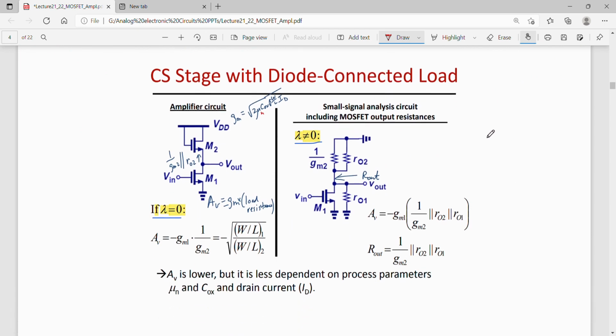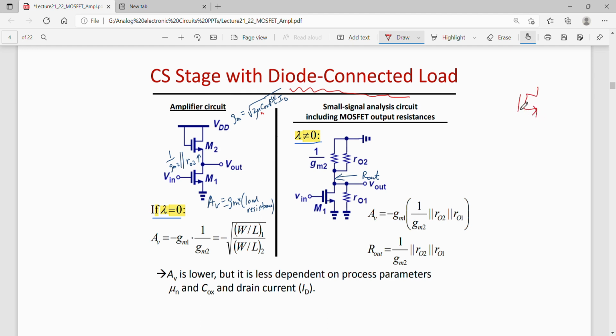Now, instead of using PMOS and NMOS as a current sink or current source, one can also utilize NMOS or PMOS in a diode connection. So what is a diode connection here? For example, this is my NMOS.